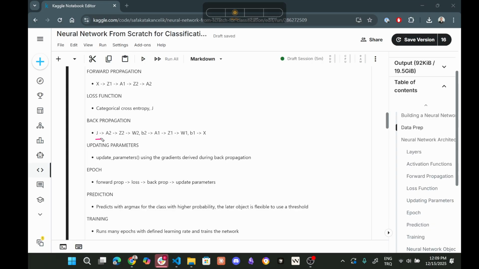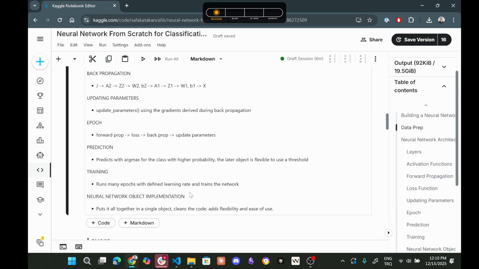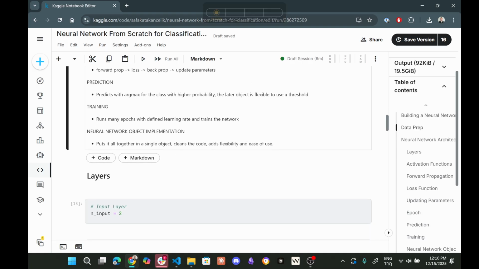From loss function J, I start taking derivatives and going back and found the gradients for weights 2 and bias 2 and weights 1 and bias 1, and then I used those gradients in the update parameters with the learning rate. And there's one epoch: forward prop, loss, back prop, update parameters, and then I predict with argmax, or I use a threshold.